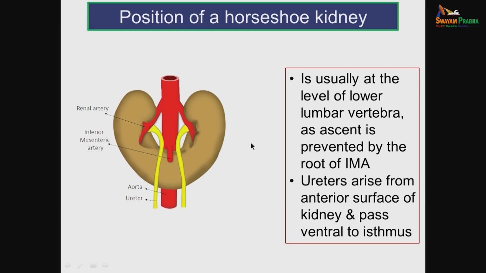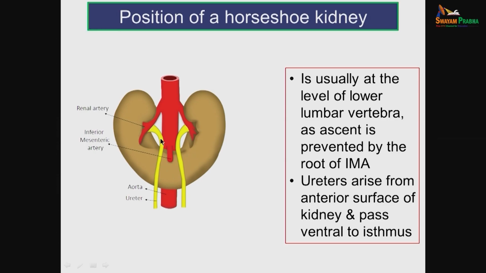The position of the horseshoe kidney is usually at the level of the lower lumbar vertebra, as further ascent of the fused portion and the entire kidney is prevented by the root of the inferior mesenteric artery. So, the kidney cannot ascend, and it is usually at the level of the lower lumbar vertebra.